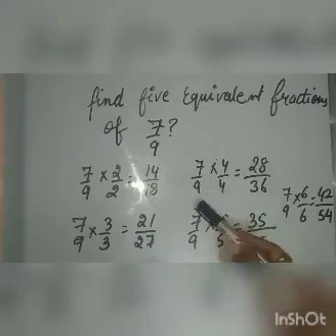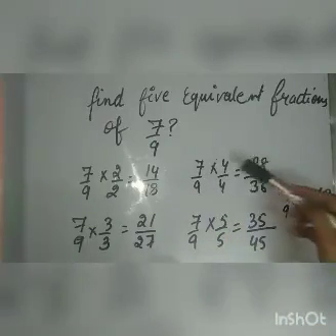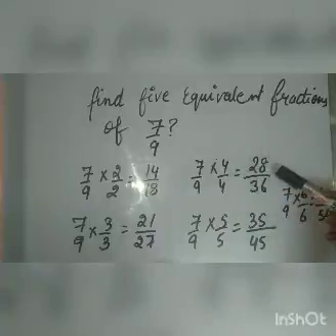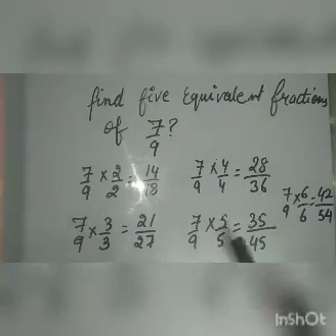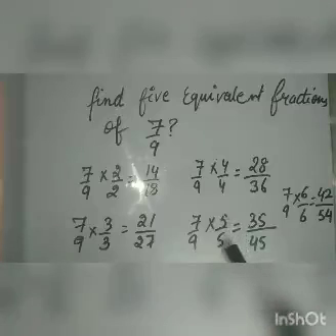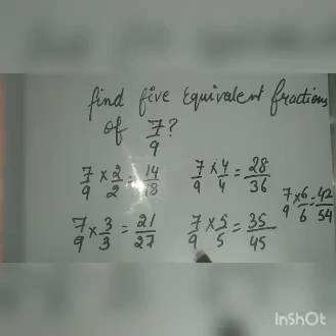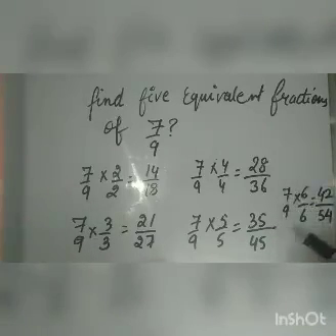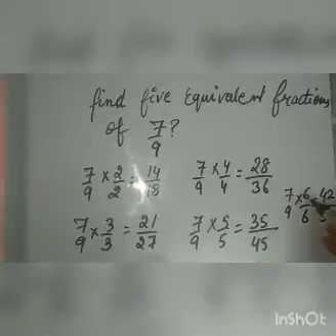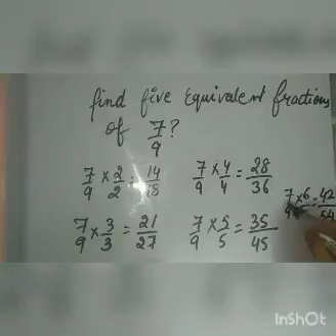Similarly, 7 upon 9 is multiplied by 4 at the numerator and denominator. We will get 28 upon 36. 7 upon 9 is multiplied by 5 at the numerator and denominator. We will get 35 upon 45. And 7 upon 9 is multiplied by 6 at the numerator and 6 at the denominator.